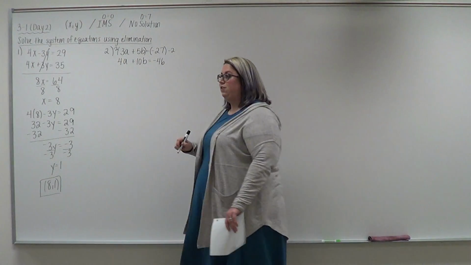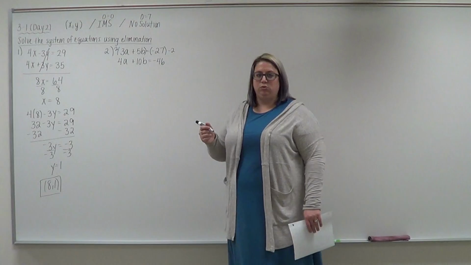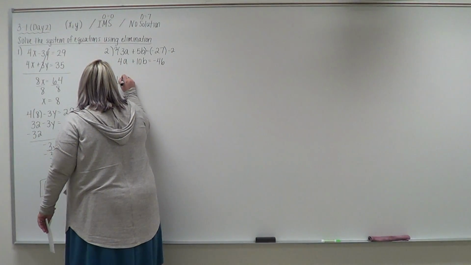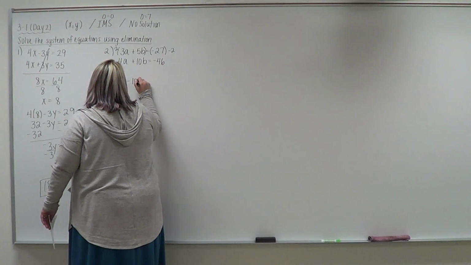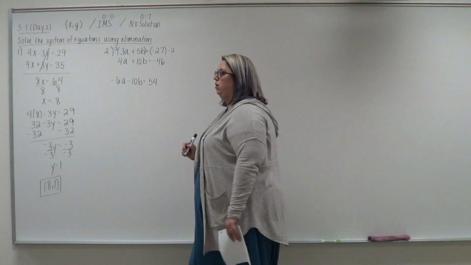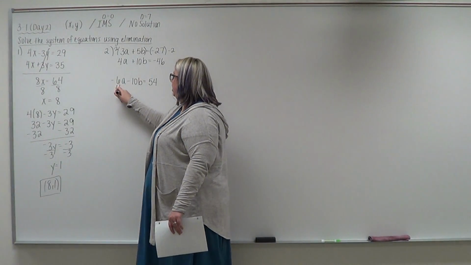So I multiply the left-hand side and the right-hand side, and you have to multiply by the same number, whatever number you choose. So that equation would become negative 6a minus 10b equals 54. My other equation would stay the same.